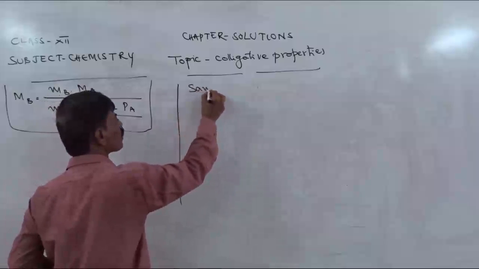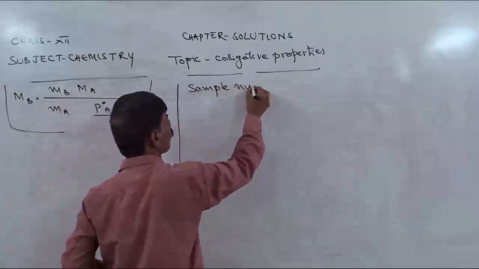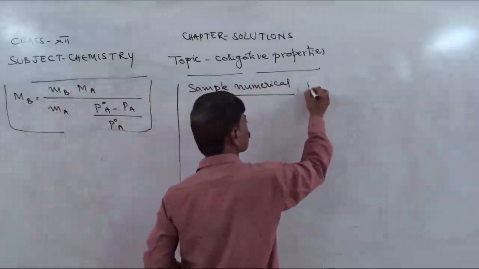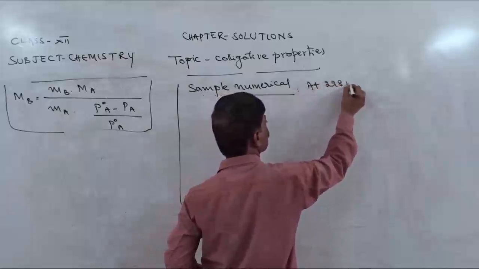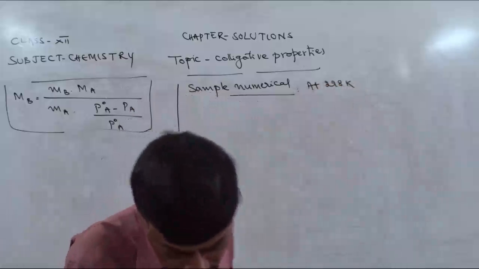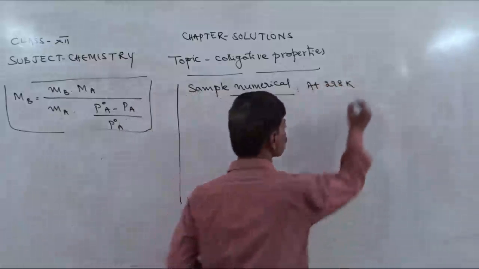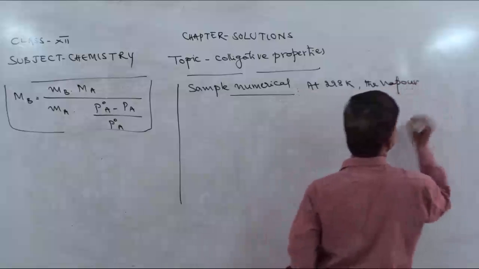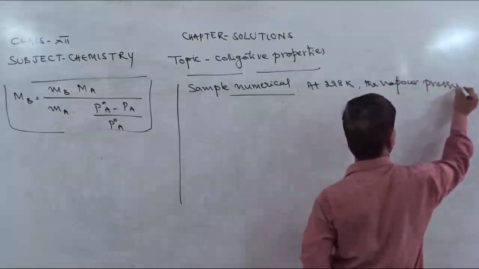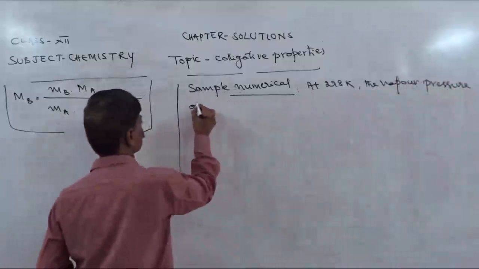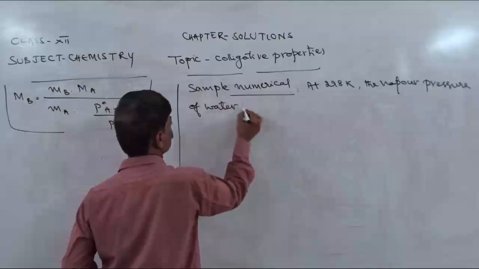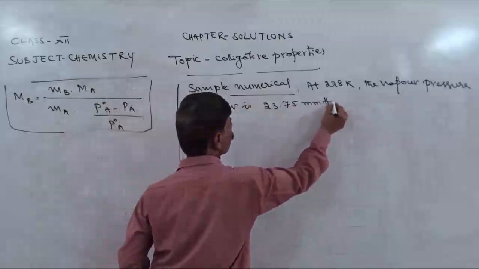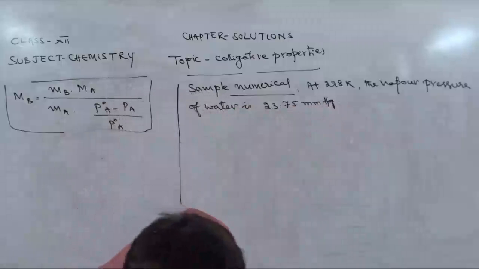In the sample numerical, at 298 Kelvin temperature, the vapor pressure of water is 23.75 millimeters of mercury.